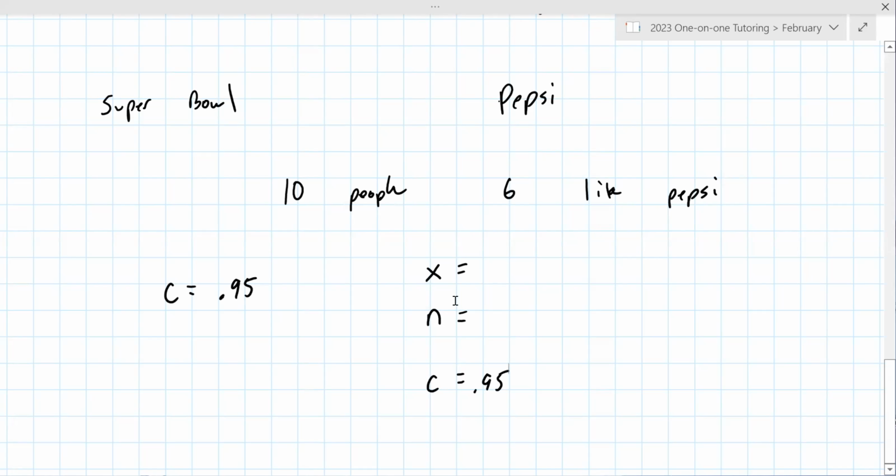N stands for the number of people that we're sampling. So N is 10 and X is 6. Good.